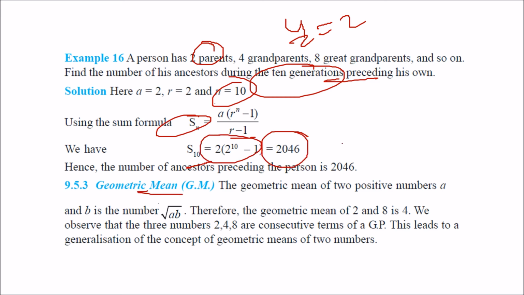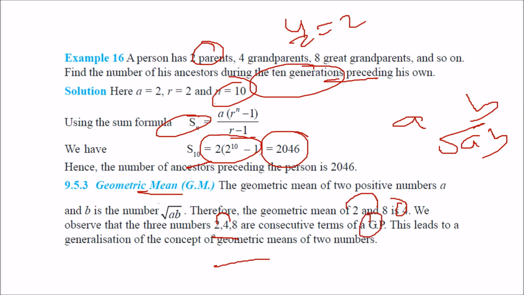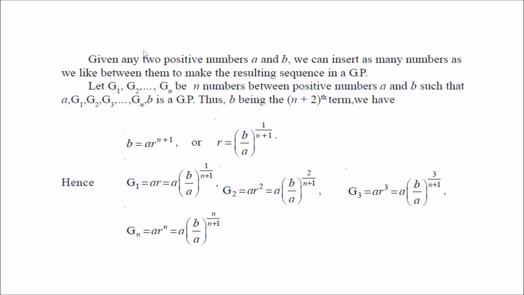How about geometric mean? Geometric mean between two positive numbers, say A and B, is going to be root AB. So geometric mean of 2 and 8 is 4. And see, 2, 4, 8, these are the consecutive terms of GP only. So this will lead to a generalization of the concept of geometric means between two numbers.